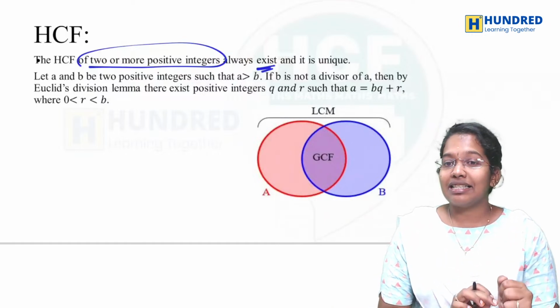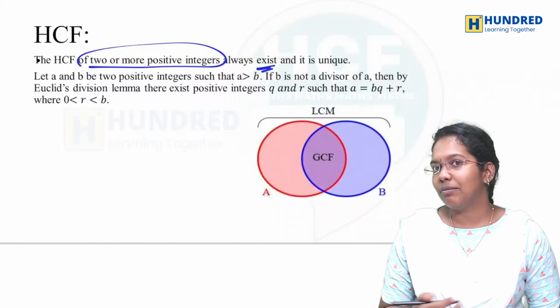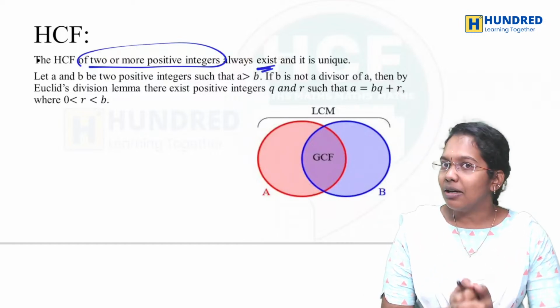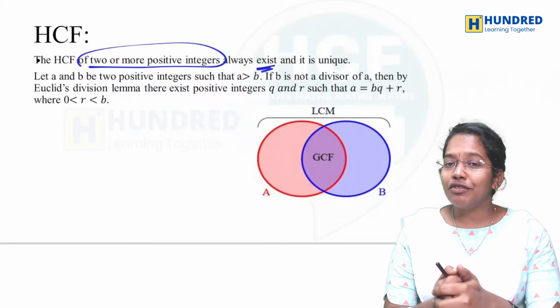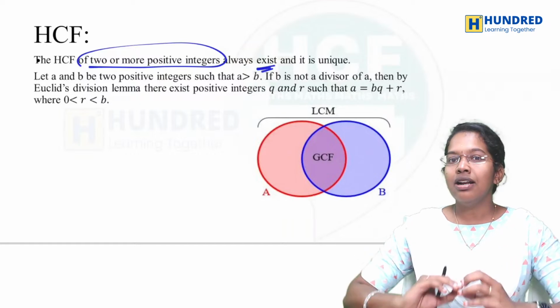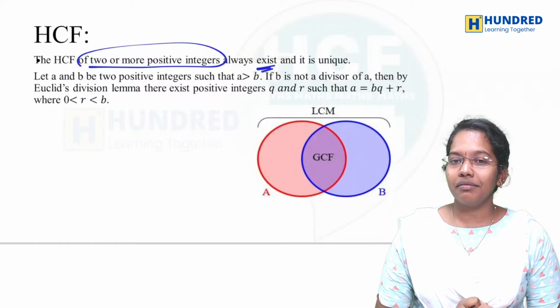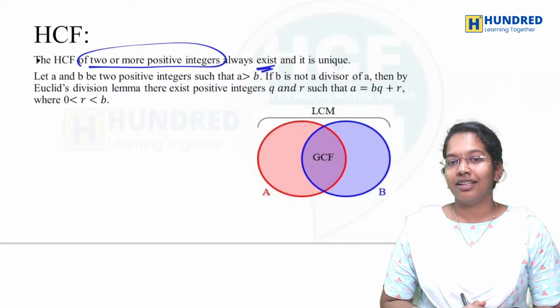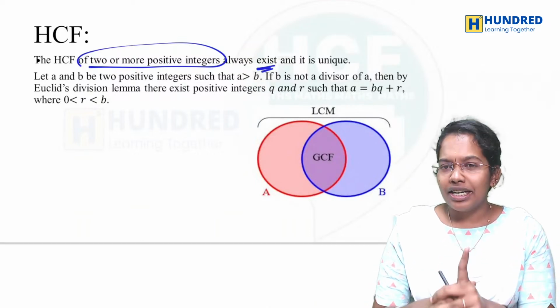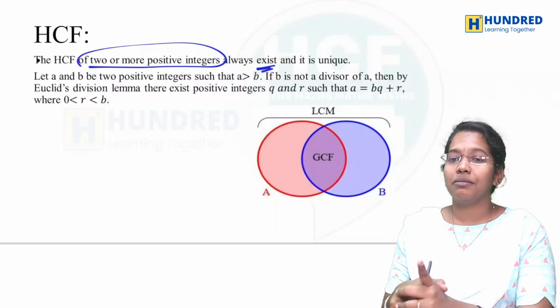What they are telling is that for any numbers, even two prime numbers, there will be a common factor among them. What will be the common factor among any two numbers? There is only one common factor which is common for every number. What will it be?